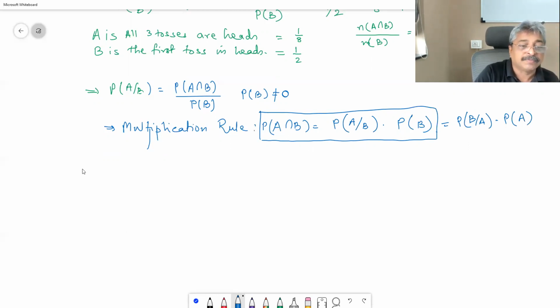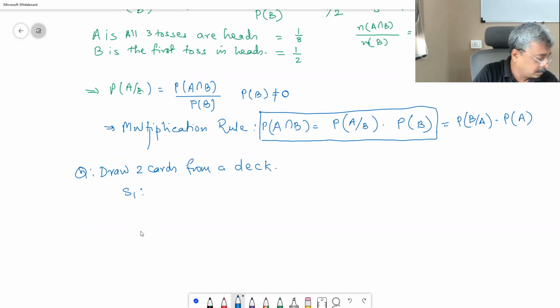Okay, question. Draw two cards from a deck. Define events first. Event S1: first card is spade.